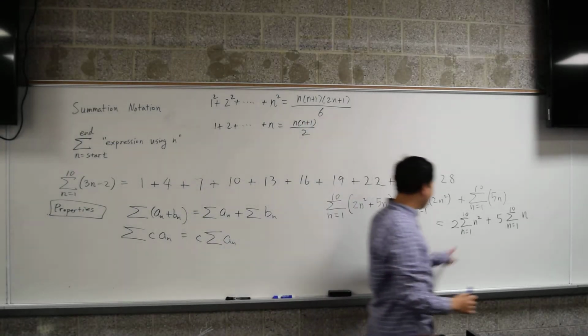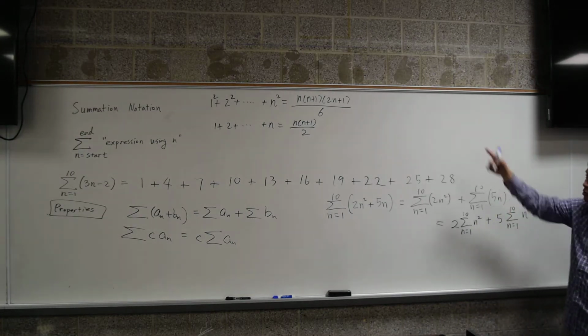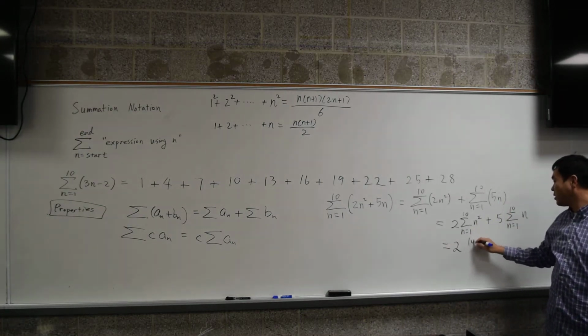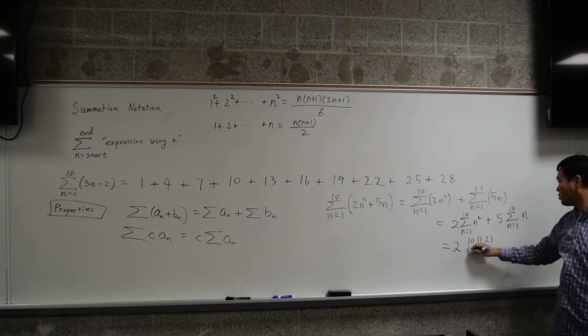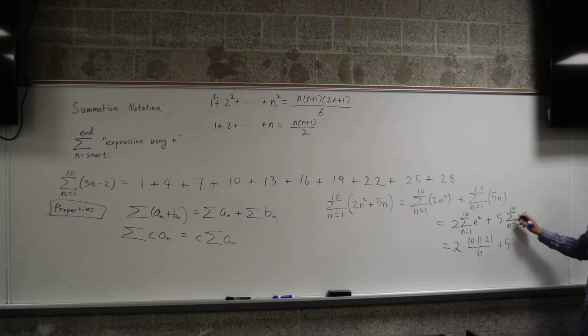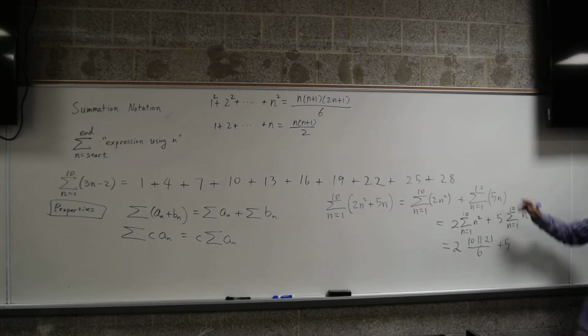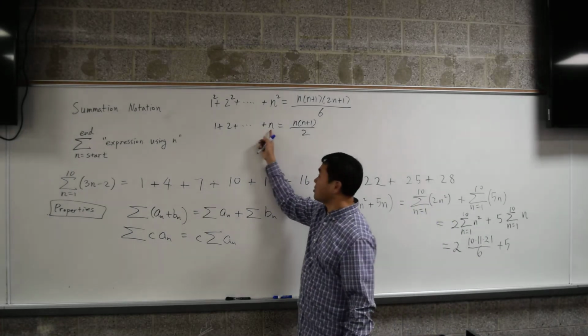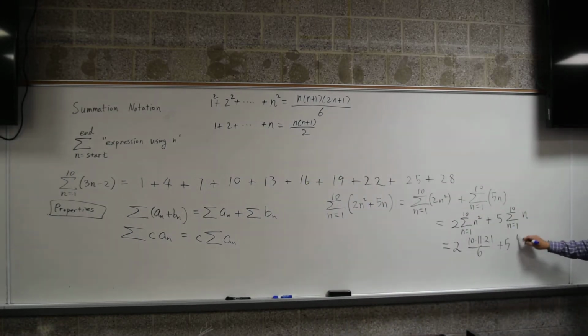So if you know that this is adding up all the squares from 1 through 10, you can use the first formula to say it's 2 times 10 times 11 times 21 over 6. And this is adding from 1 through 10, so it's 1 plus 2 plus until 10, so it'll be 10 times 11 over 2. So this one will be 770, and this one would be 275, so you get the final answer as 1045.